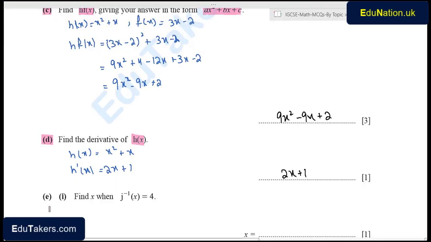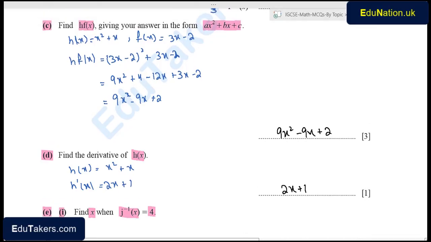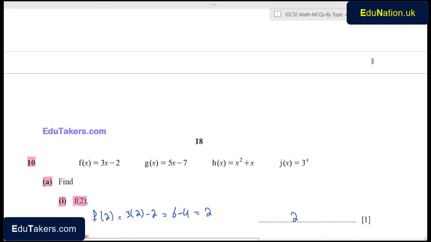Next is part E, and its first part is find x when j inverse of x is equal to 4. And what is j of x?